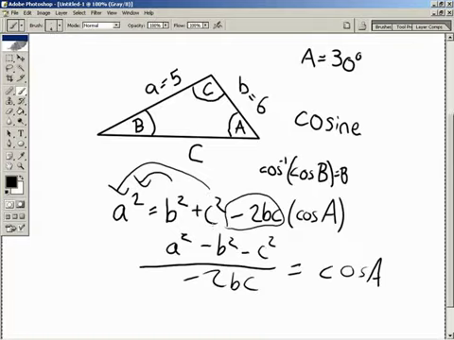That's all I did. And then they say, well, we've got a negative on the denominator. No one really likes that. So they make this a positive, this a positive, this a positive, and the A a negative.